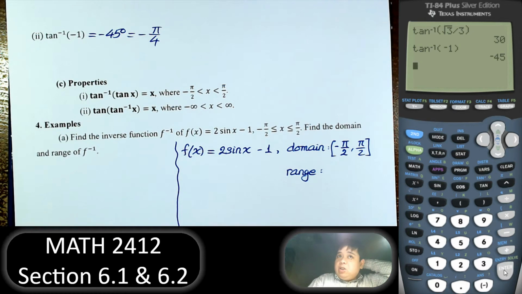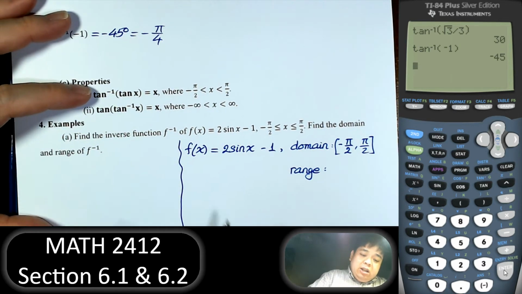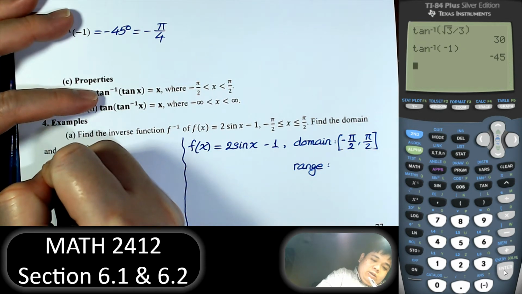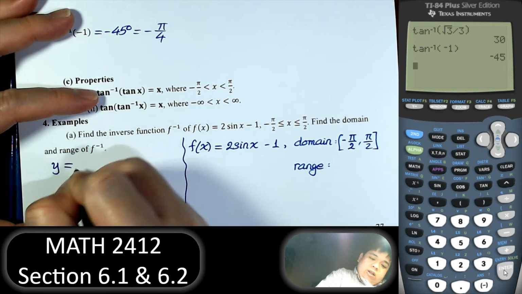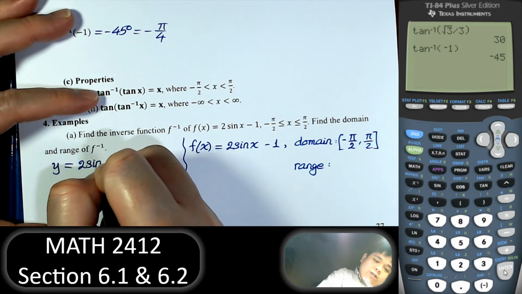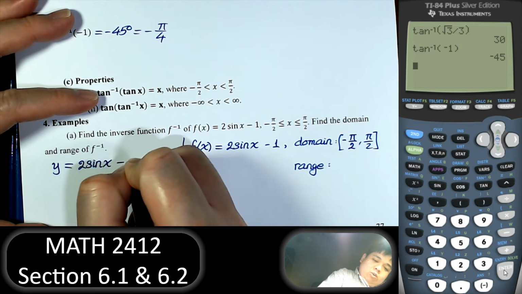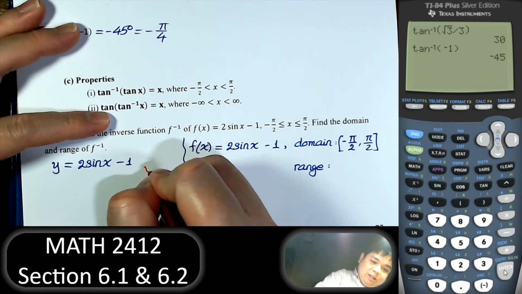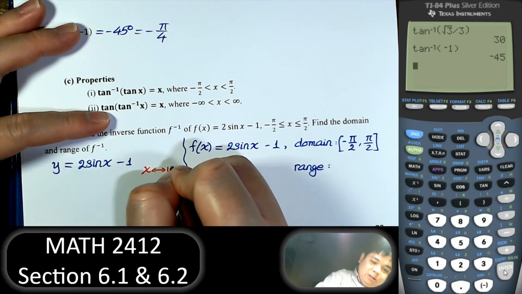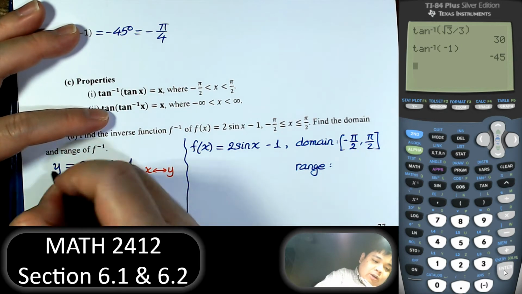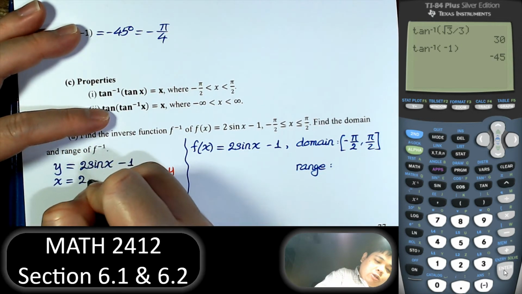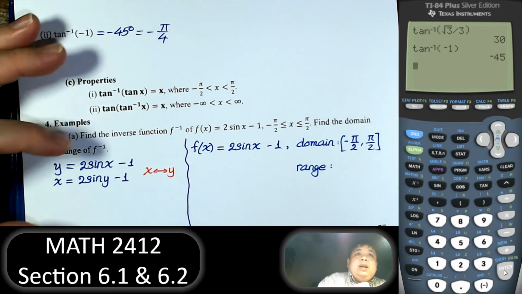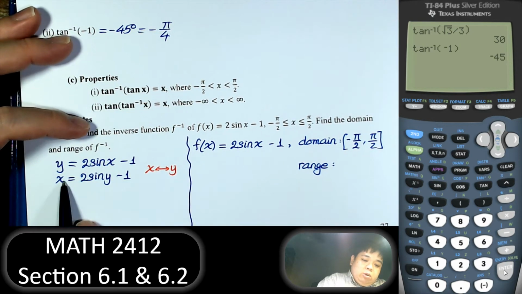Now to find the inverse, it's easy, right? Replace the function with y. So we have y equals 2 sine x minus 1. Now to find the inverse, we interchange x and y. We have x equals 2 sine y minus 1. And now we solve for y. So move the 1 over.